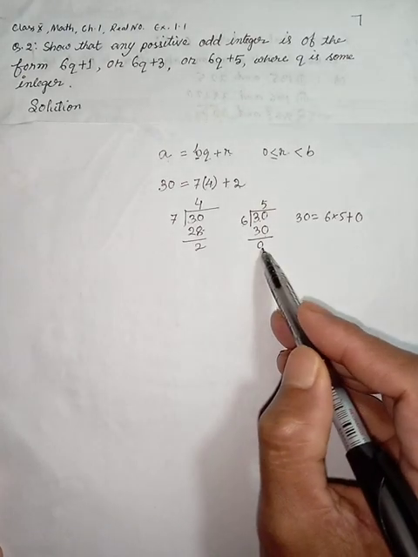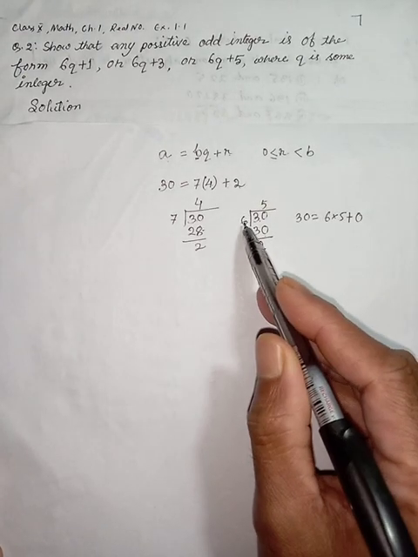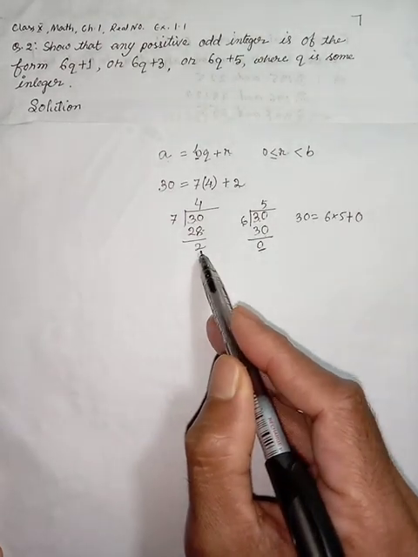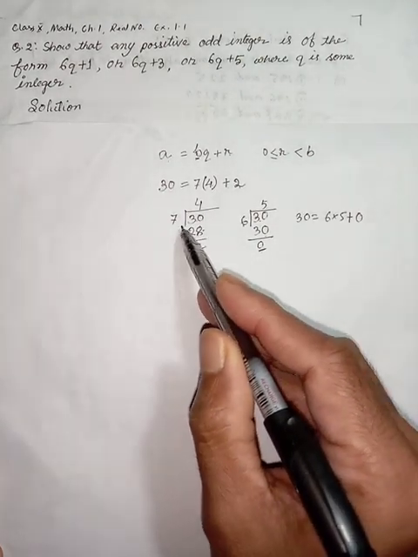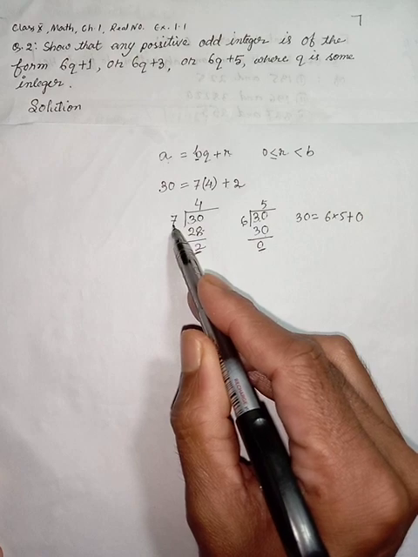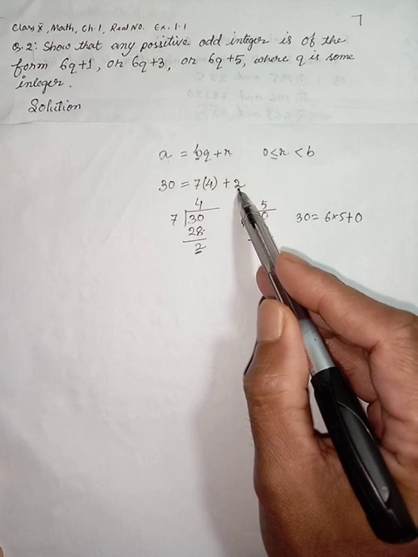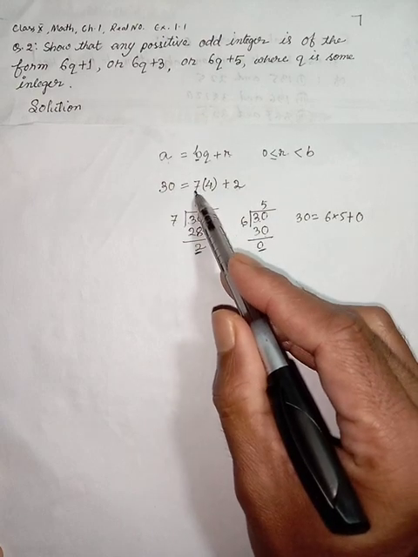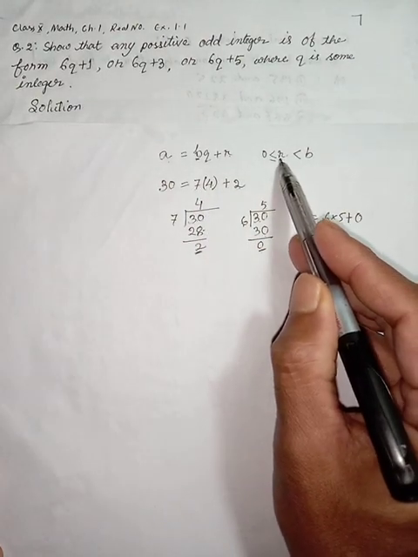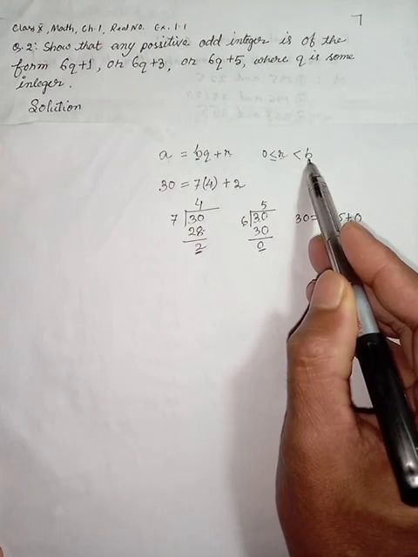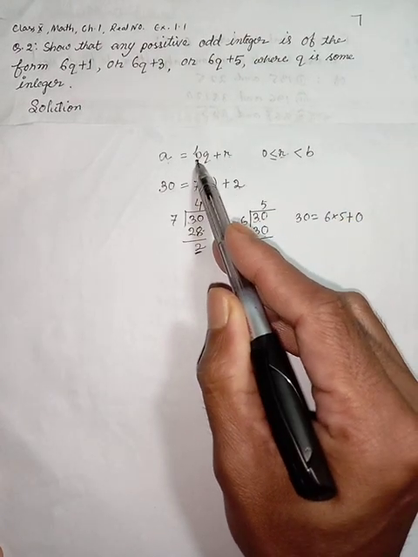But here you remember, the remainder 0 is always less than the divisor. And here also, the remainder 2 is always less than 7. That's why it is written that the remainder r is always less than b.